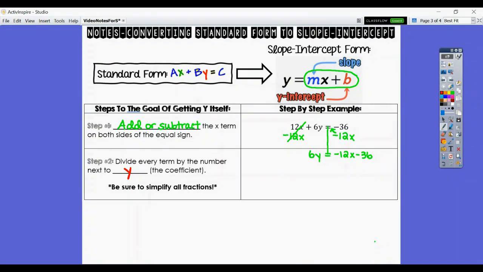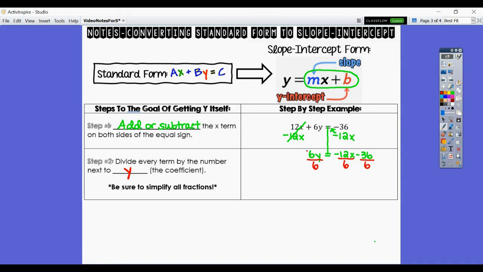Well, the number next to y is 6, so then I'm going to divide every single term by 6. Why I do that is because I want to get y by itself. That's my goal in the end. And these steps will get me to that goal because it's 6 times y. So to get the 6 away from y, I have to do the opposite, which is division. Simplify all the fractions.